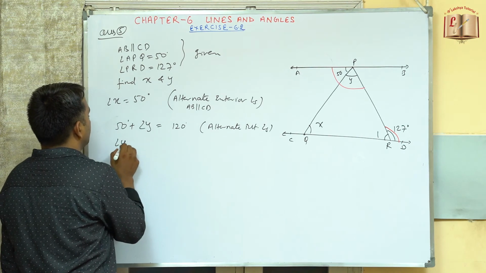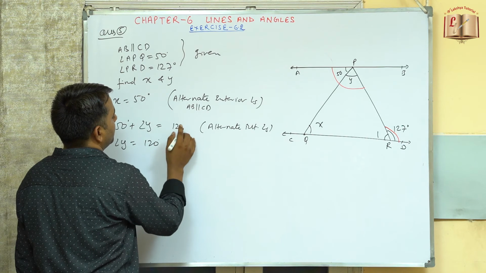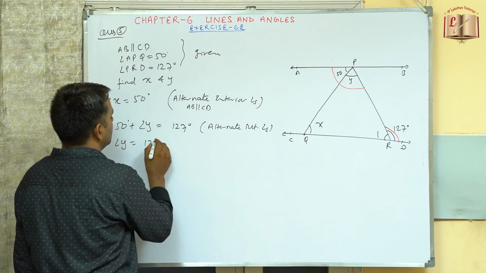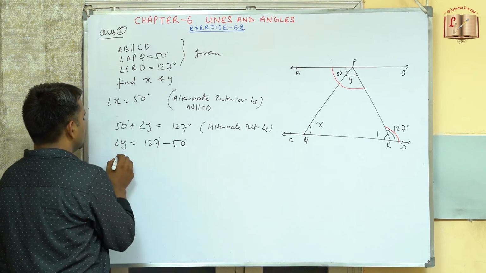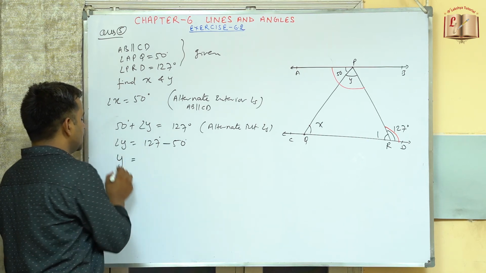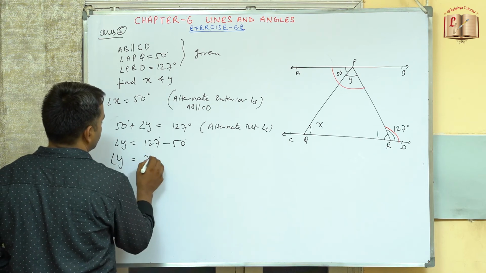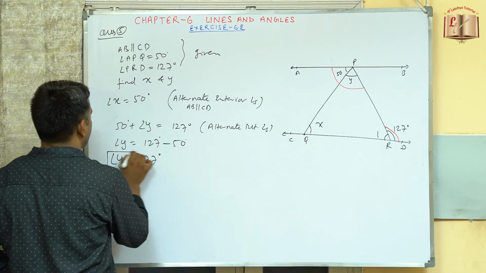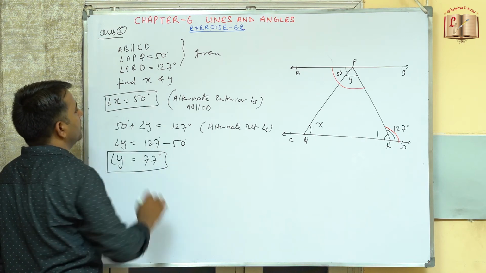So we got angle Y equals 127, sorry, this is 127 degree minus 50 degree. So angle Y is equal to, now we can subtract, and Y will be equal to 77 degree. So we got the value of X and the value of Y.